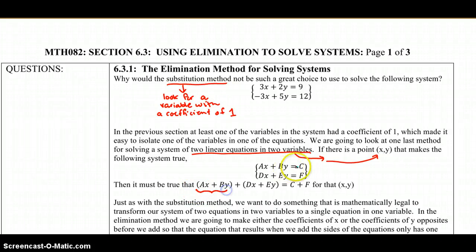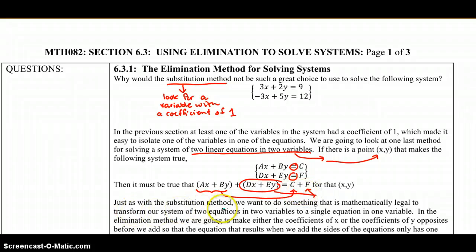Because ax plus by is equal to c, and dx plus ey is equal to f. So these two quantities added together must be the same as these two quantities added together.